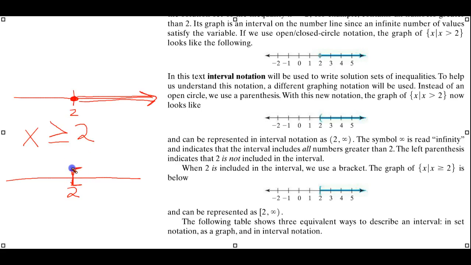So the bracket is the symbol to indicate that 2 is included in the set, and then the point tells us the direction we're going to darken. Now to put that in interval notation, again right from the graph, we use a bracket, 2, comma, infinity, and as we said, infinity always has a parenthesis.